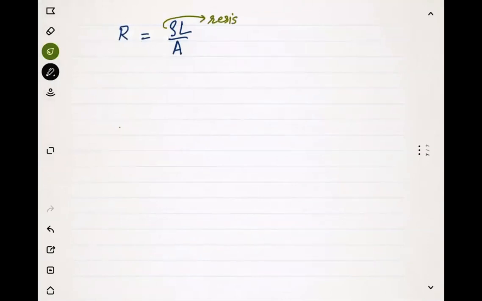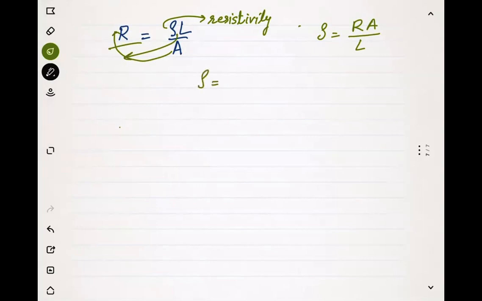If we make resistivity the subject of the formula, it would become rho is equal to R times A over L. So A will be multiplied with R and L will be divided.